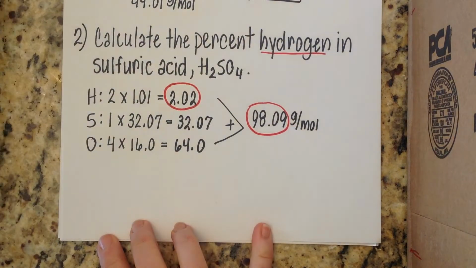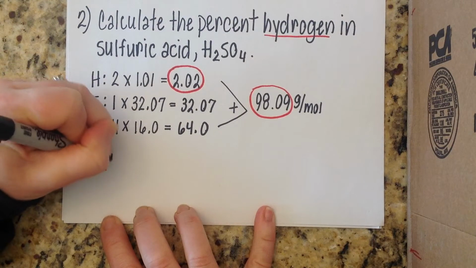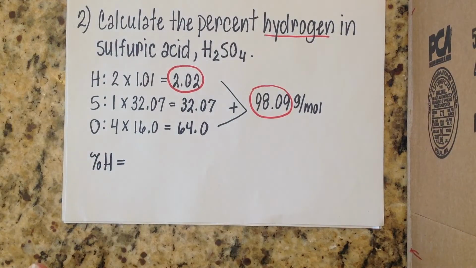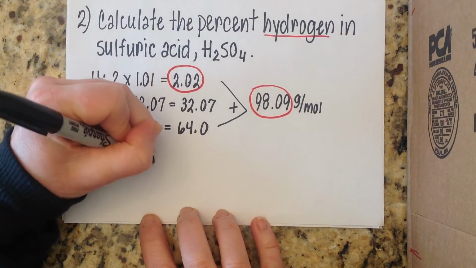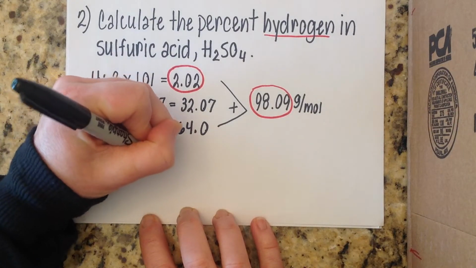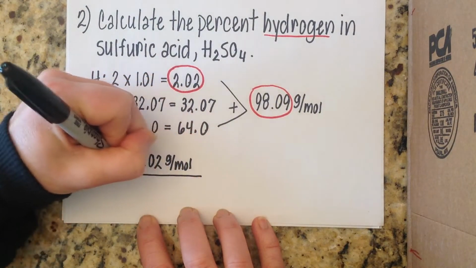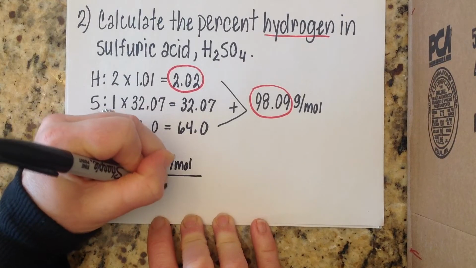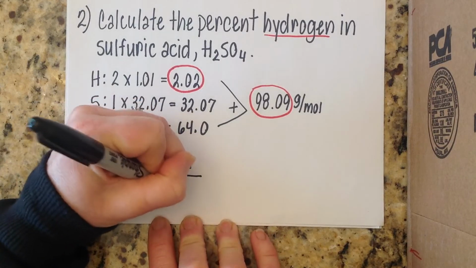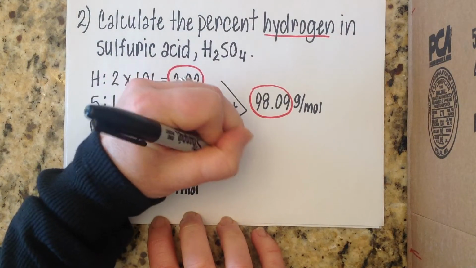So our percent hydrogen equals, so write percent H equals, that is just you keeping everything labeled nicely so you can follow your work. 2.02 grams per mole, total mass of hydrogen, over 98.08 grams per mole of the whole thing, times 100.